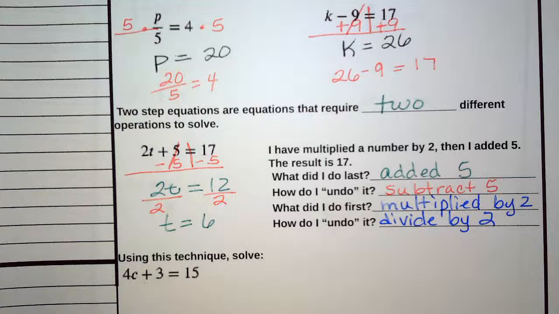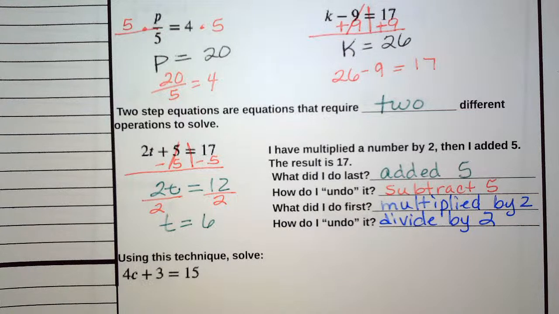Okay, let's read this equation. I have some number c. I multiplied by 4, and then I added 3, and I ended up with 15. The result is 15. What did I do last?